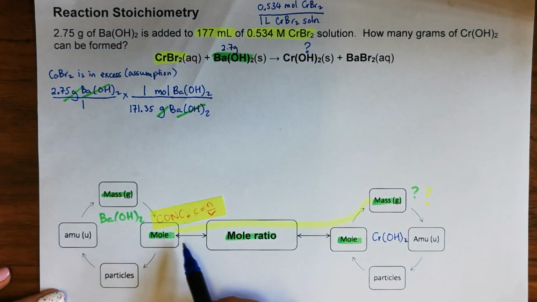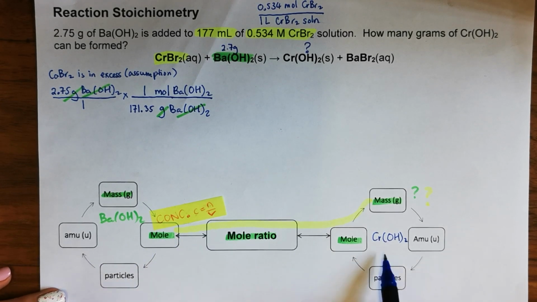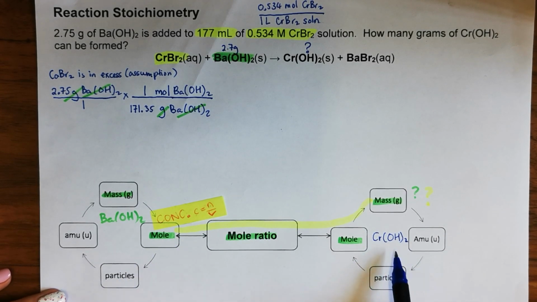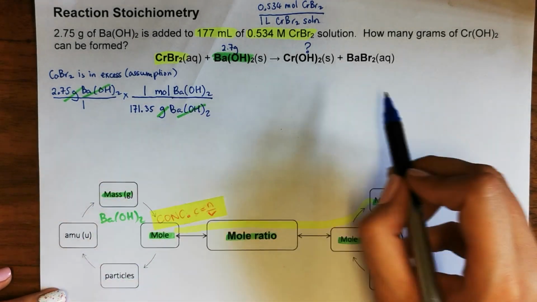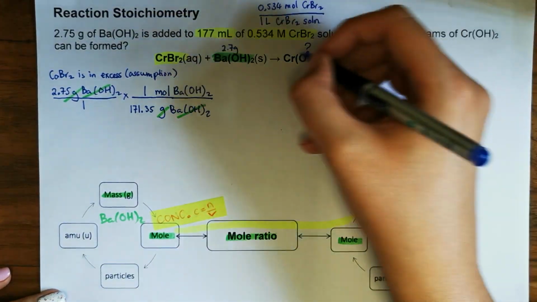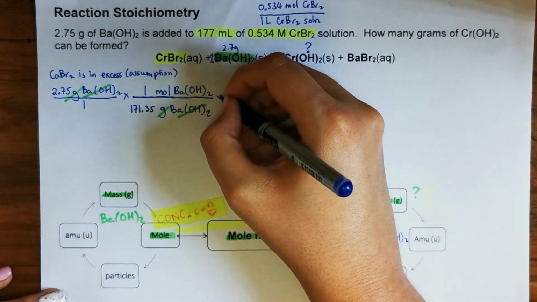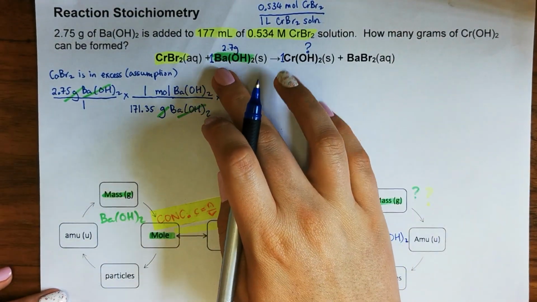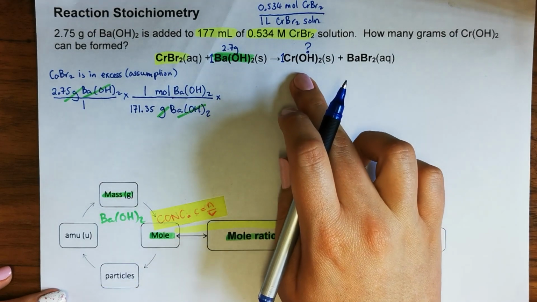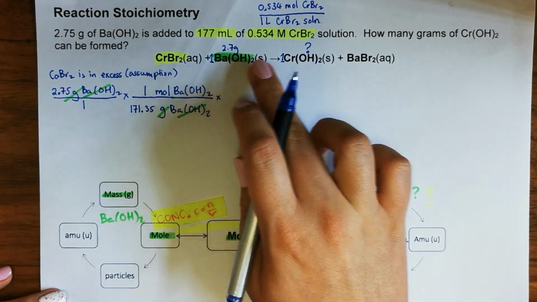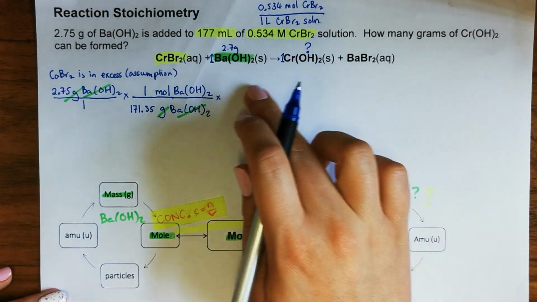We're sitting here. What is the relationship between moles of barium hydroxide and moles of chromium hydroxide? Remember, we get this from our balanced equation. In this case, the ratio is 1 to 1, but you still need to show this scientific logic. You need to show that you know the ratio here is 1 to 1.